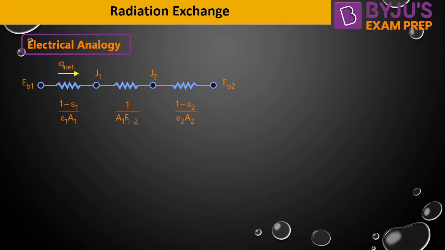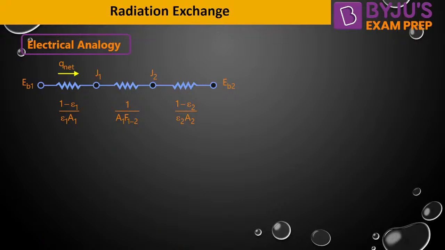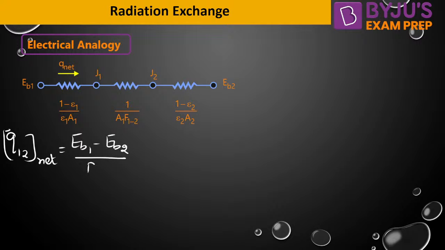Using the same concept of circuit diagram, we can also write Q1-2 net as EB1 minus EB2 upon R equivalent. This is R1, this is R2, this is R1-2.